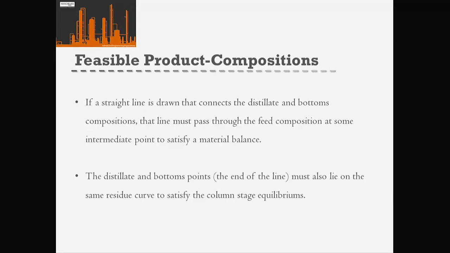But it also must pass through our feed composition, because that's what we add into our system. If you remember when we looked at liquid extraction, we had our feed added and our solvent added, joined on a straight line, and then the mixed point composition had to lie on that line. So in this case, we have our distillate product and our bottom product joined with a straight line, and our feed composition has to lie on that line.